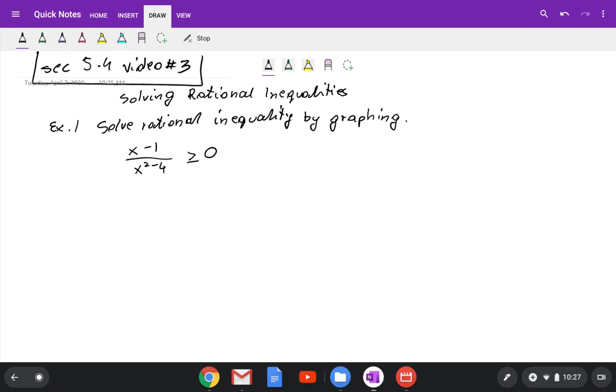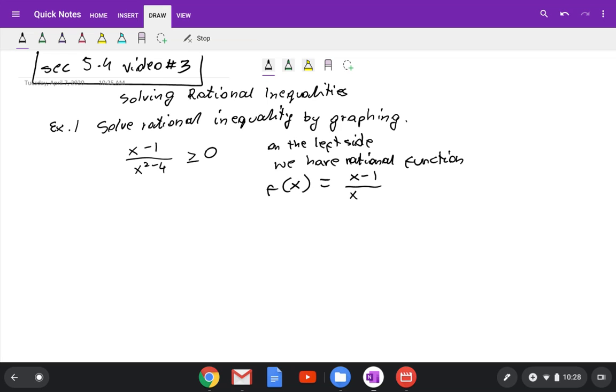Okay, so on the left side we have a rational function. So we have a function f of x equal to x minus 1 over x squared minus 4.